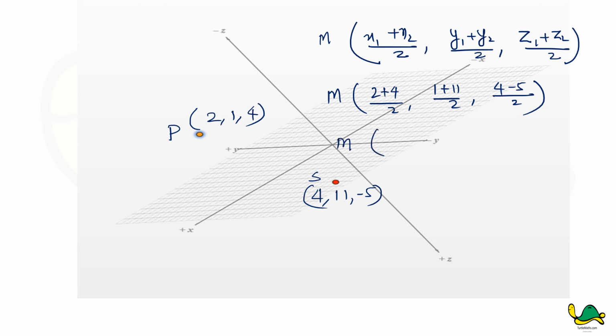The coordinates of M will be 6 over 2, 12 over 2, and negative 1 over 2. If I simplify it, we will get 3, 6, and negative 0.5. Boom! We have found the midpoint of these two 3D points, and it's 3, 6, and negative 0.5.